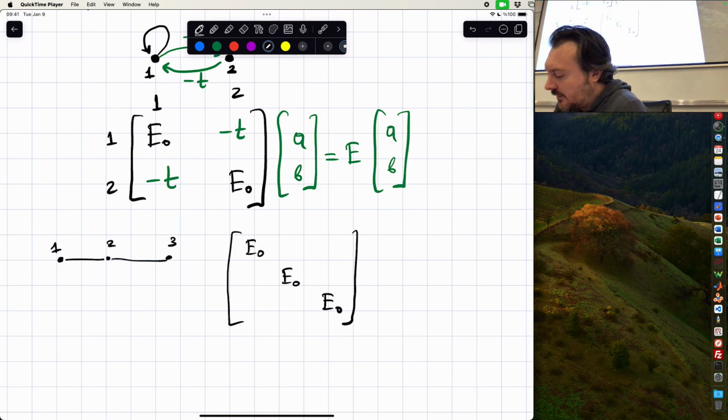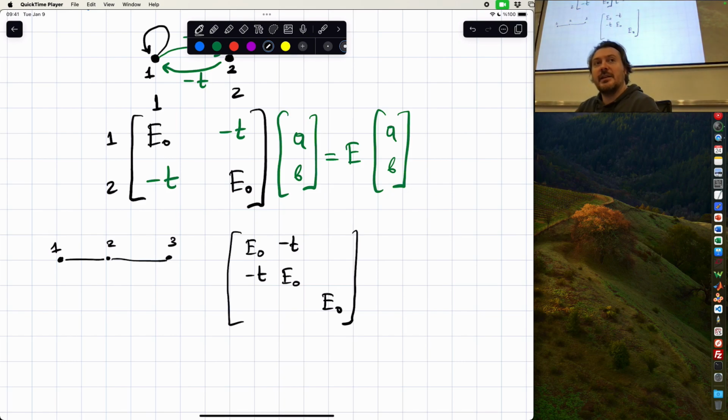You have interaction between 1 and 2. No interaction with 1 and 3. And we have an assumption there, by the way. It's called nearest neighbor tight binding. You might also have next nearest neighbor tight binding, in which case you also have interaction with 1 and 3, which sometimes is needed to explain stuff. So this is the matrix that you need to solve to figure out the energy spectrum of this system. All right.